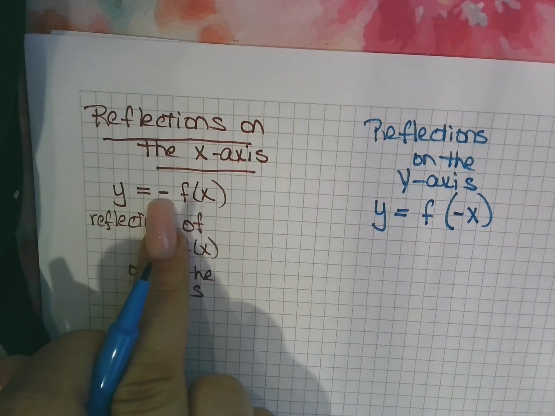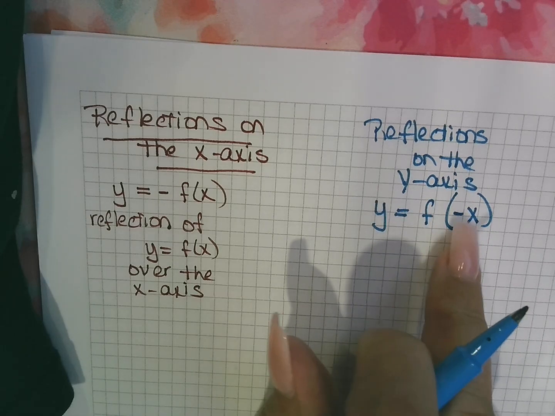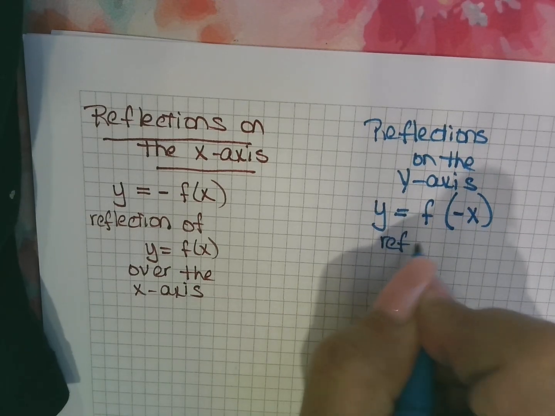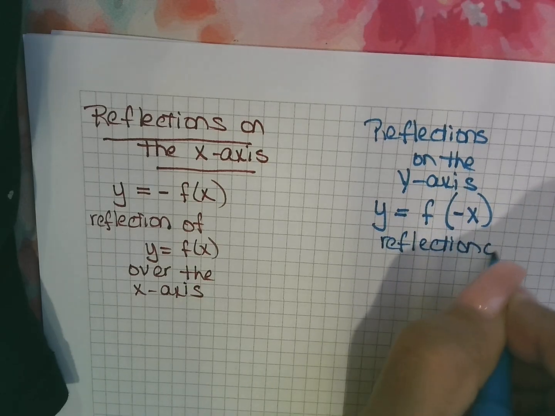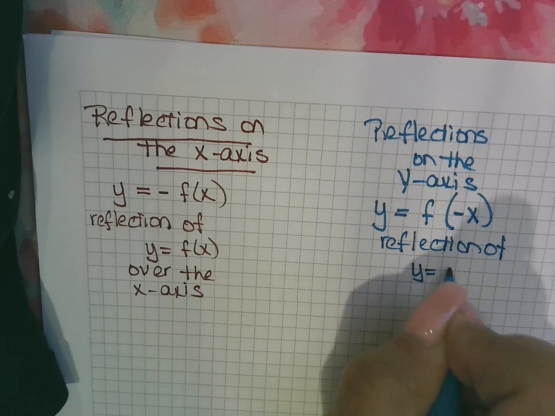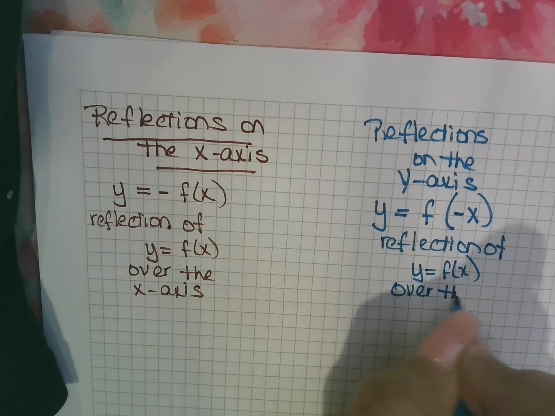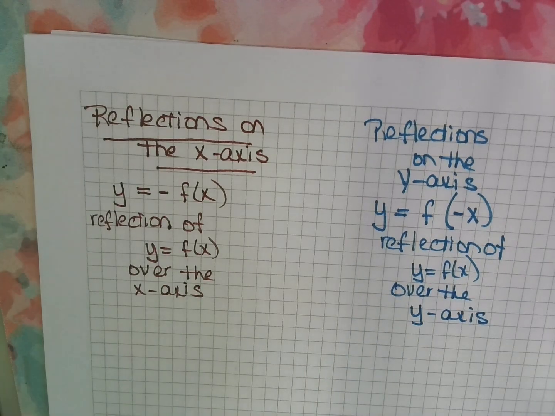So here the minus sign is on the outside. That's a reflection on the x-axis. When you see a minus inside the function, it'll be a reflection over the y-axis. This is a reflection of y equals f of x over the y-axis. Okay?